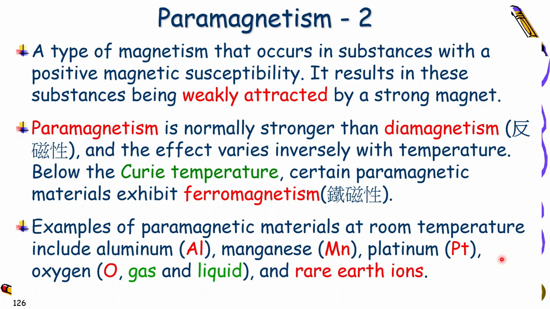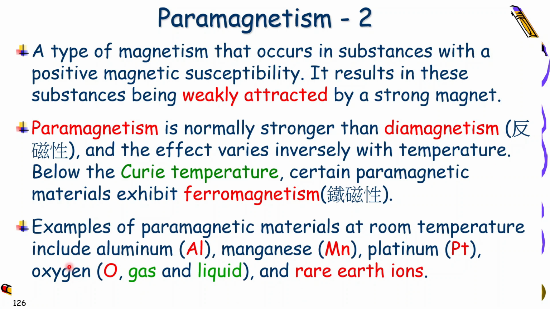Paramagnetism is a type of magnetism that occurs in substances with a positive magnetic susceptibility, and it results in the substance being weakly attracted by a strong magnet. So it's weakly attractive, right? This is what we call paramagnetism, which is opposite to diamagnetism, which has no magnetic property at all.